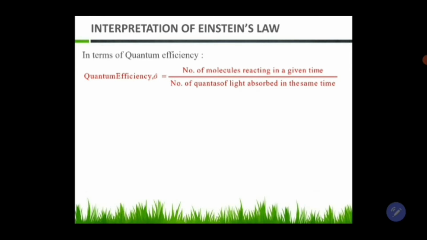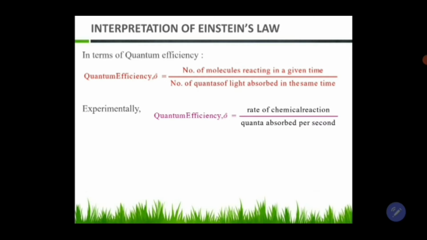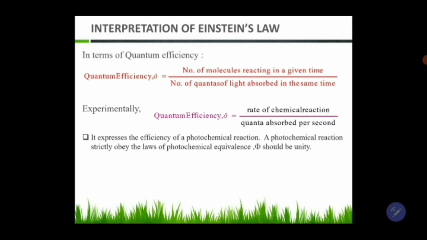It is the number of molecules reacting in a given time divided by the number of quanta of light absorbed in the same time. This is theoretical. Experimentally, you can say that it's the rate of the chemical reaction divided by quanta absorbed per second. The quantum efficiency expresses the efficiency of a photochemical reaction.